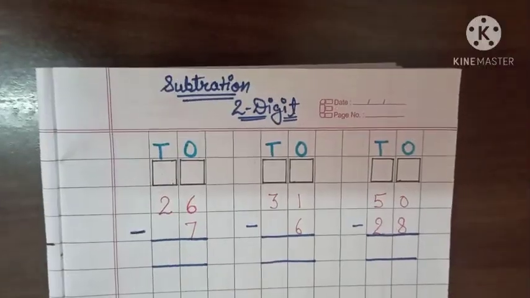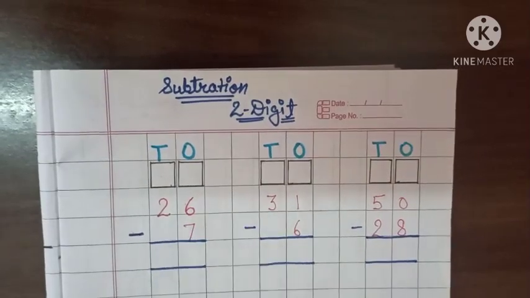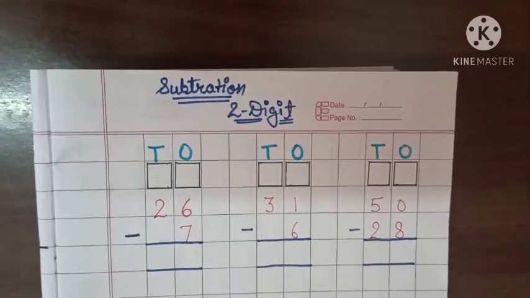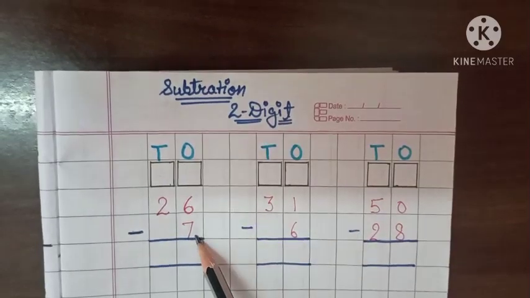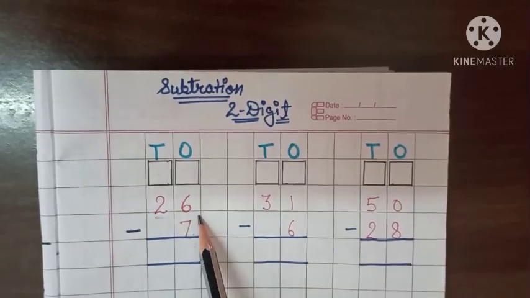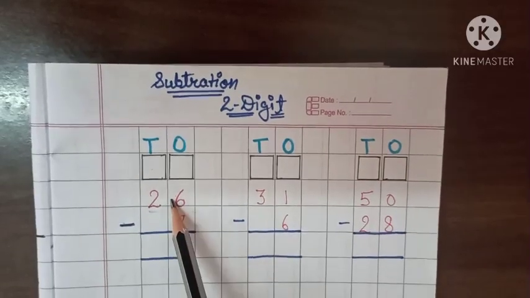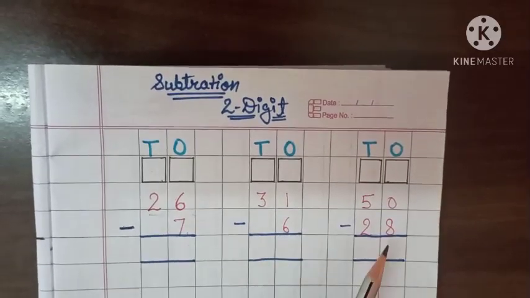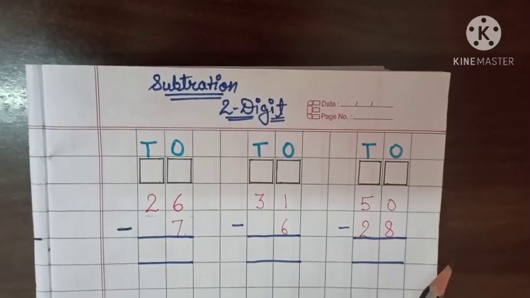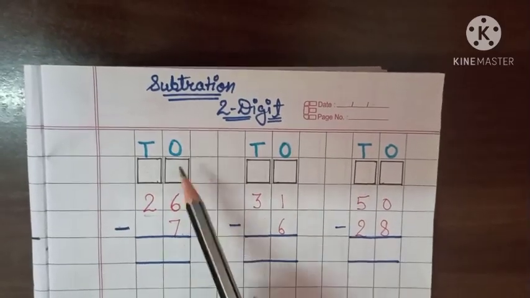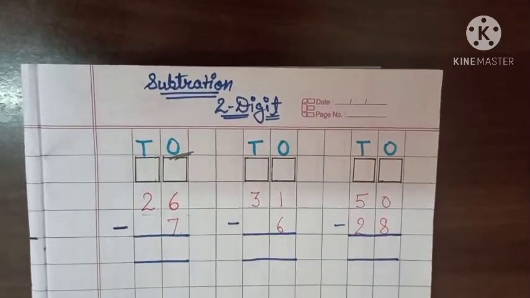1. Let's begin. So here is the first example. In this we have to subtract 7 from 26. That means we have to subtract a single number from a double digit. Okay. Always remember, whenever we add or subtract numbers, we always start with ones place.